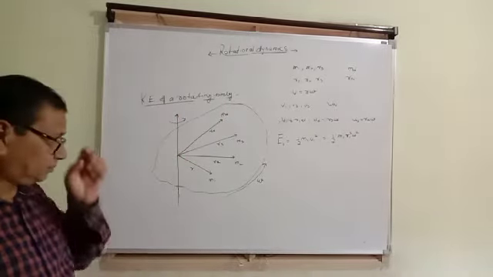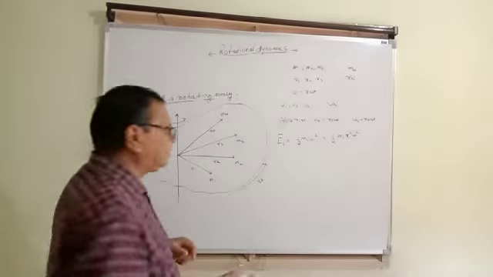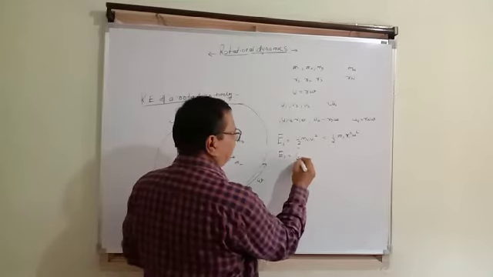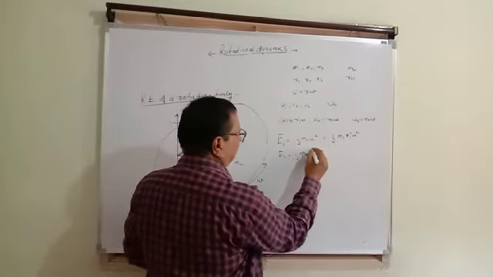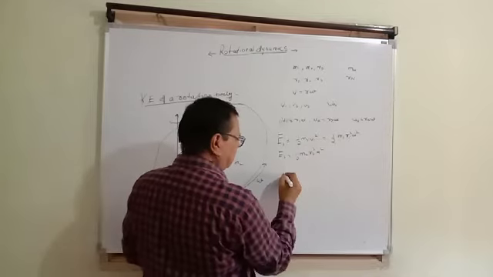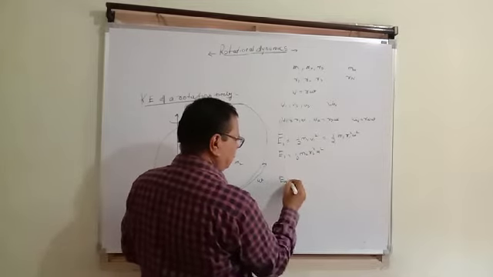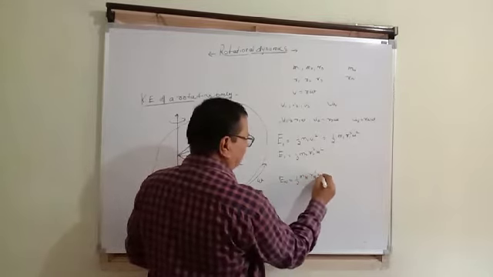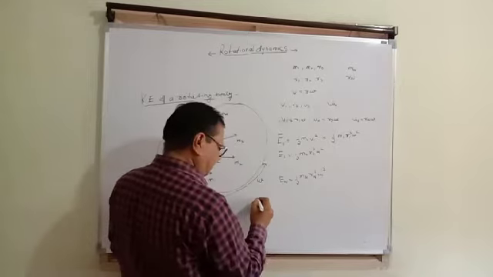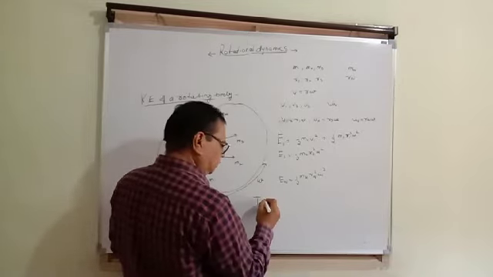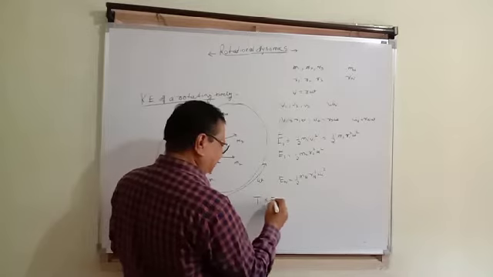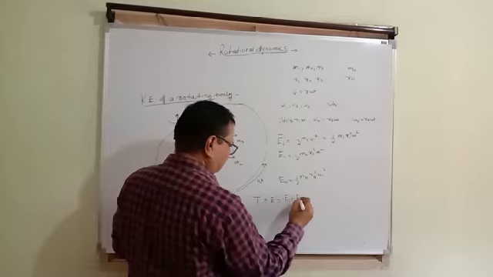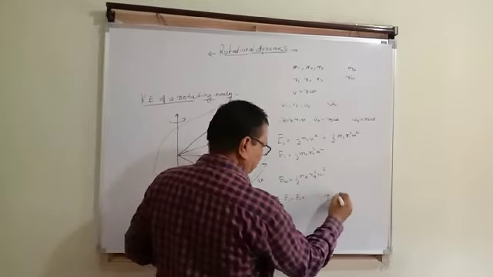Similarly, E2 is equal to half m2 r2 square omega square, dash, En is equal to half mn rn square omega square. Our total kinetic energy is equal to E1 plus E2 plus dash plus En.